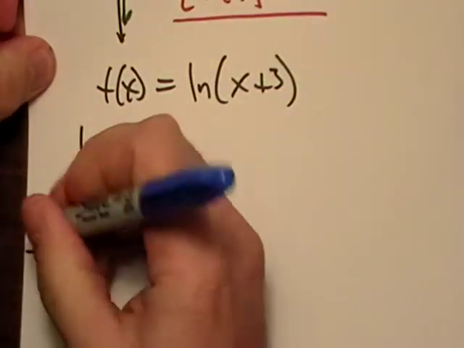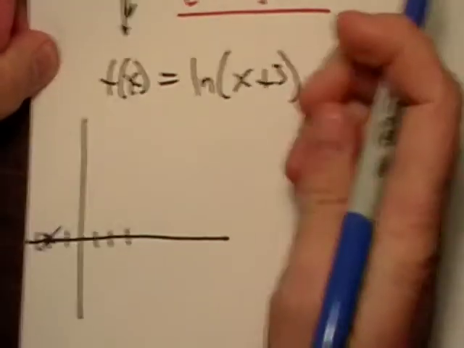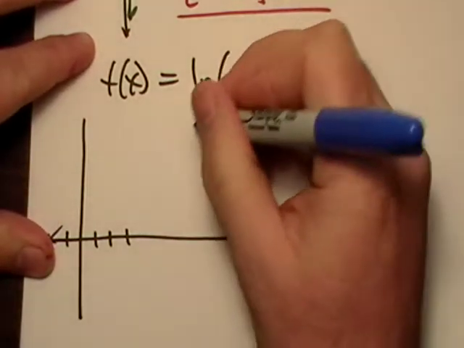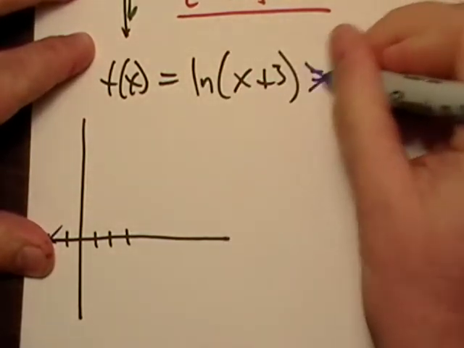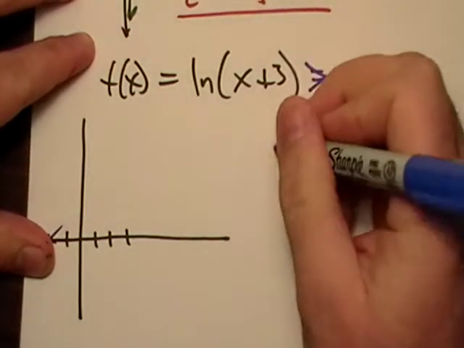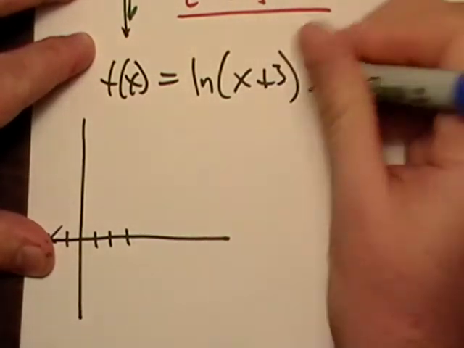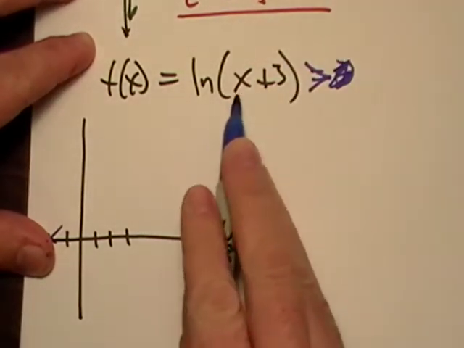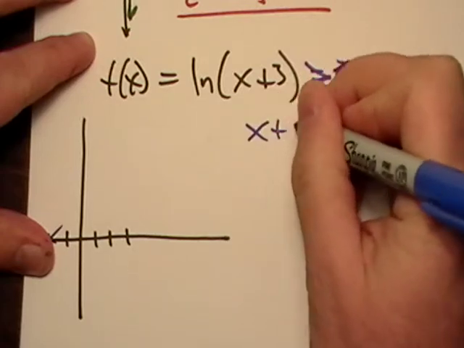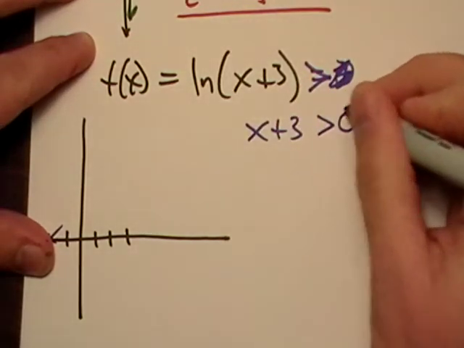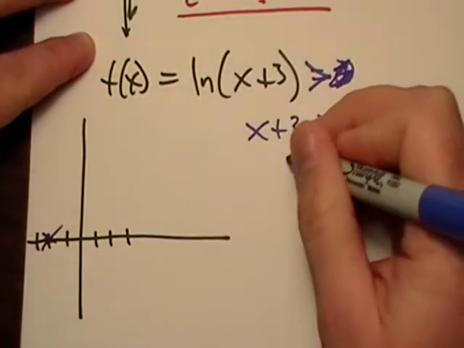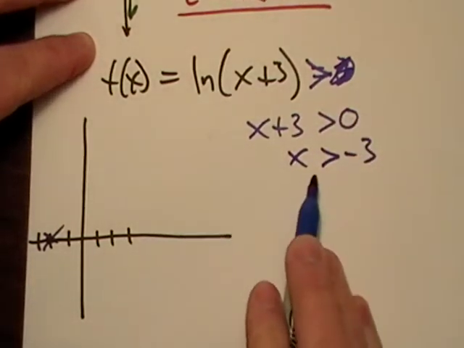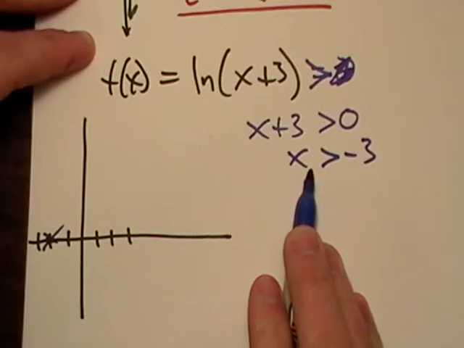So I'm going to note that, and then let's remember that whatever we take the log of has to be greater than 0. So let's set x plus 3 greater than 0. It looks like x has to be greater than negative 3.